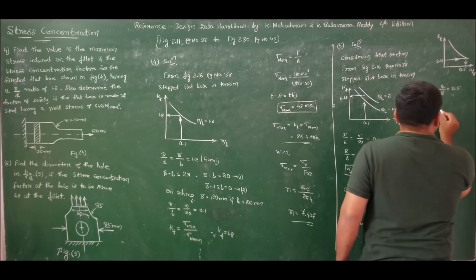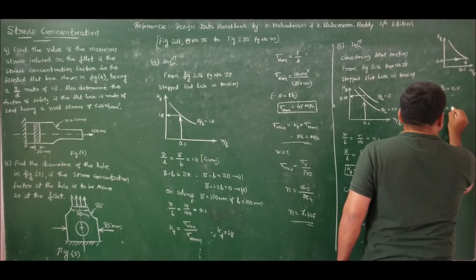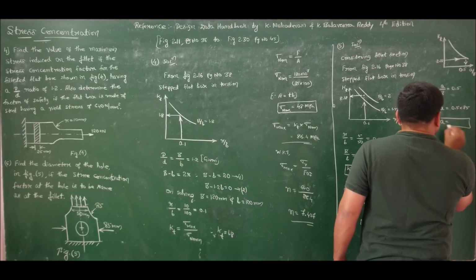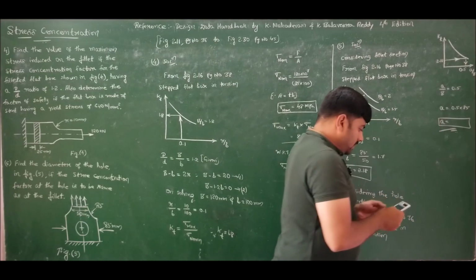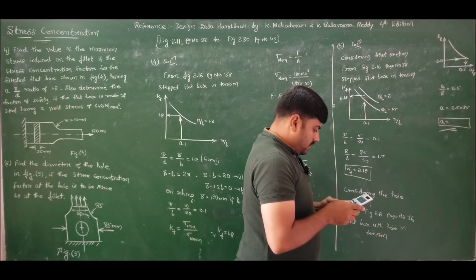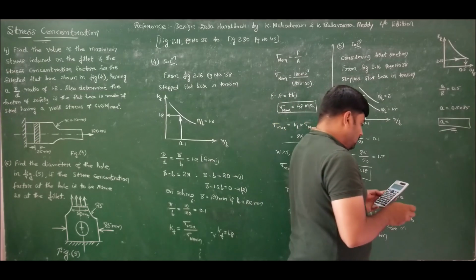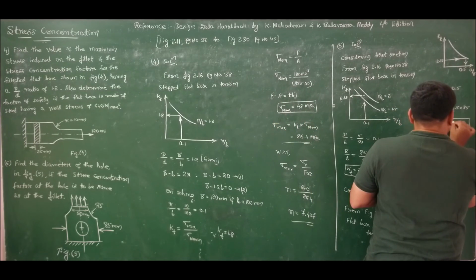Hence the hole diameter A is 0.5 times 85, which turns out to be 42.5 millimeters.